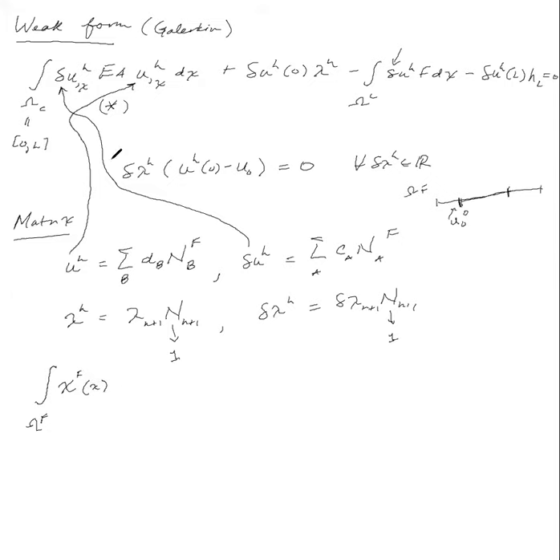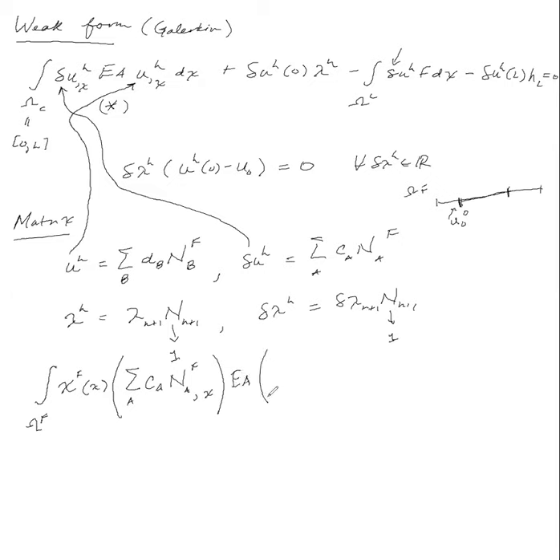And then where we see delta u h comma x, we're going to write the sum on A, c_A N_A comma x. So that's one substitution.